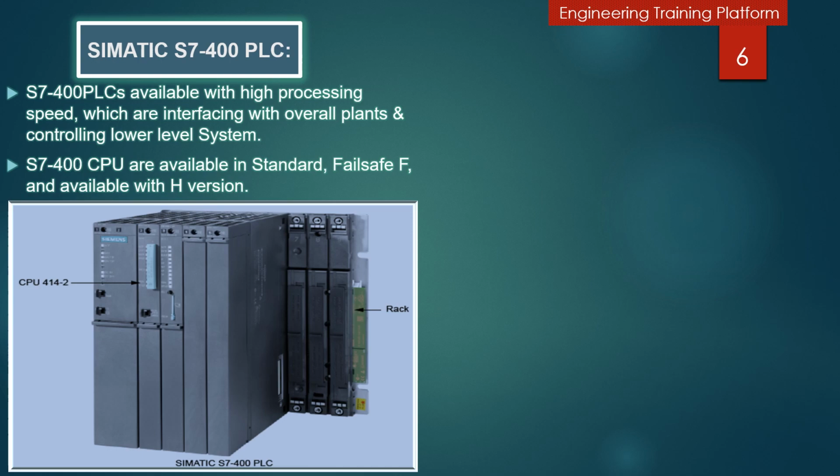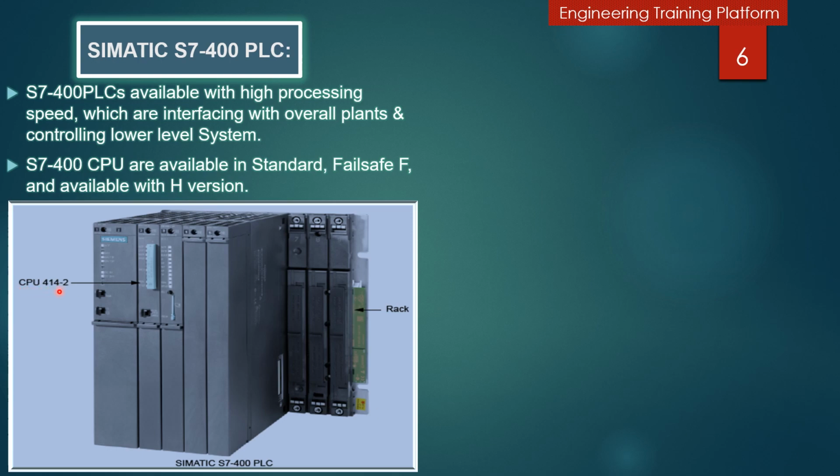Standard S7-400 CPUs range from CPU 412-1 in the medium performance range to CPU 417-4, which is designed for the high performance range. As shown in the picture, the S7-400 CPU is installed in the rack with other modules.